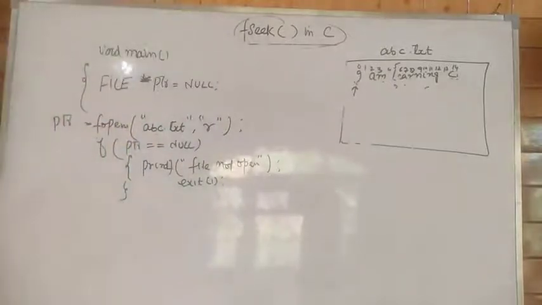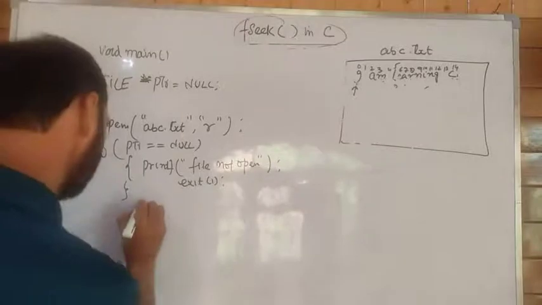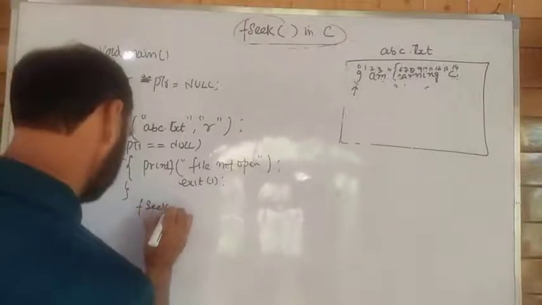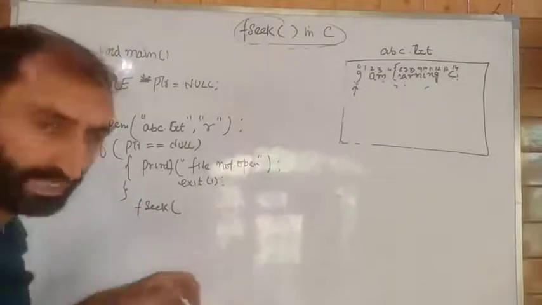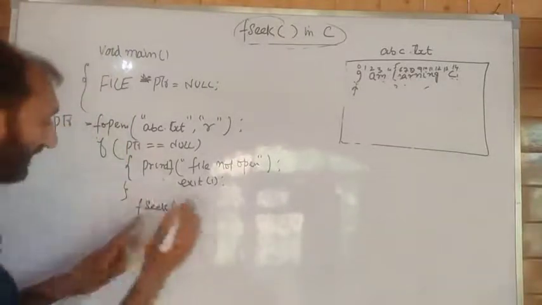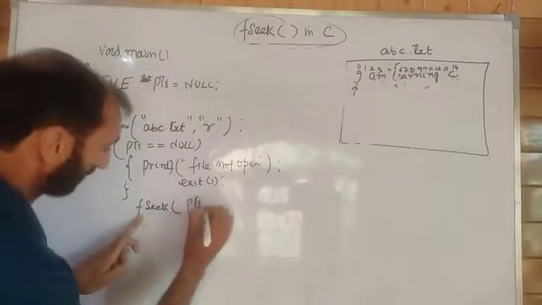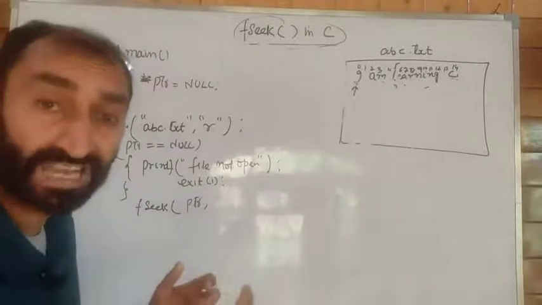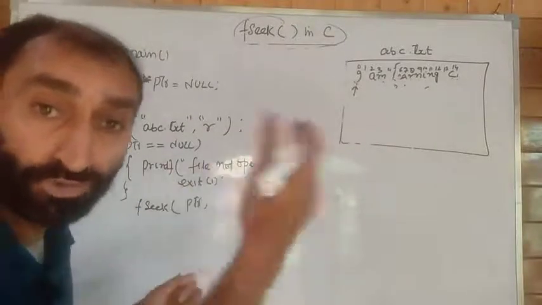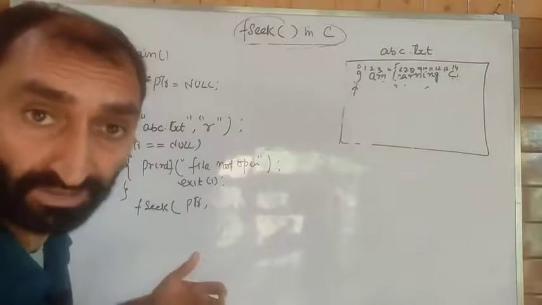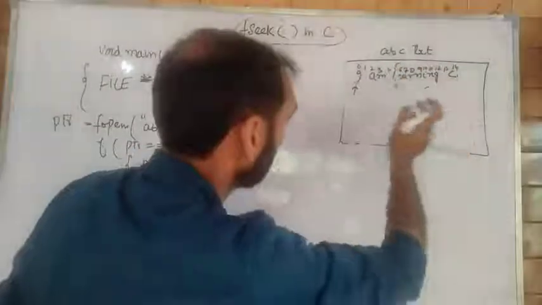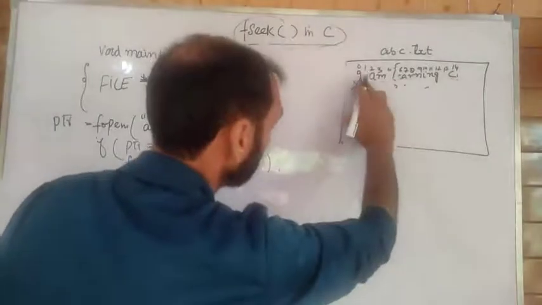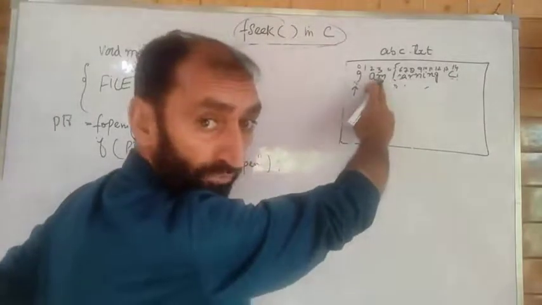So what we can do here, simply we will use the fseek function. First it will take the file pointer. What's the name of the file pointer? That is ptr. Then it will take the offset, that means how many bytes we want to move the cursor, either forward or backward. Here we want to move the cursor forward. That means 1, 2, 3 and 4 bytes.